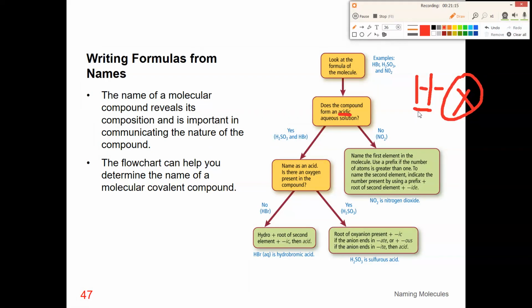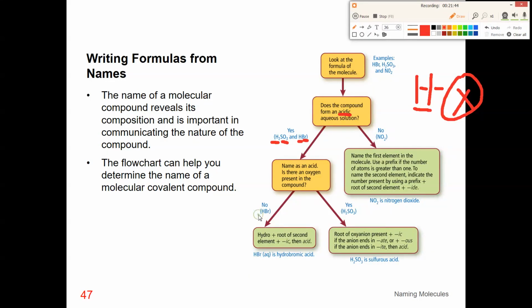If the formula starts with hydrogen, you follow the naming of acids. If the first element is not hydrogen, you follow the naming of covalent compounds. In the hydrogen case, you need to check whether it is polyatomic or not. The first is polyatomic; the second is just binary, an element without oxygen.